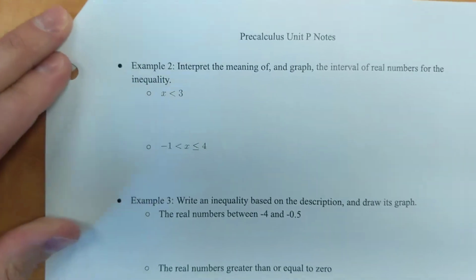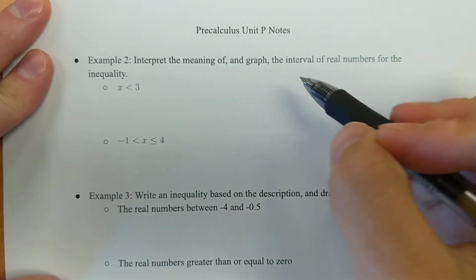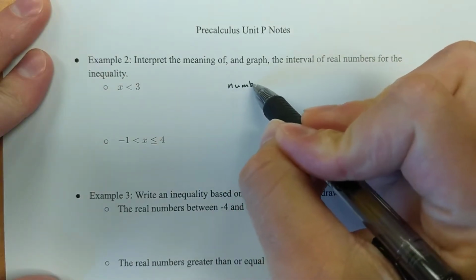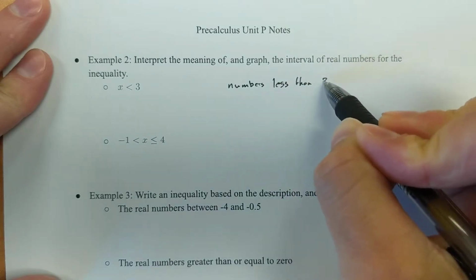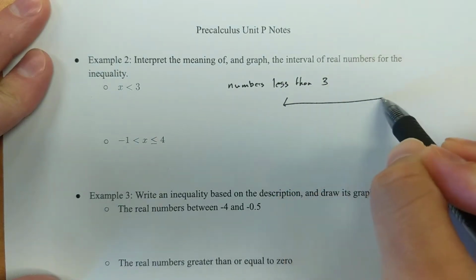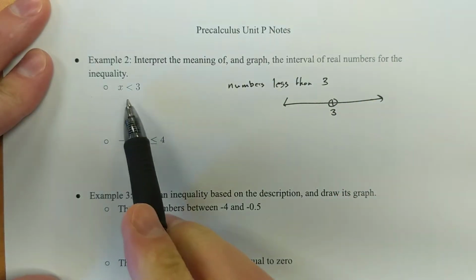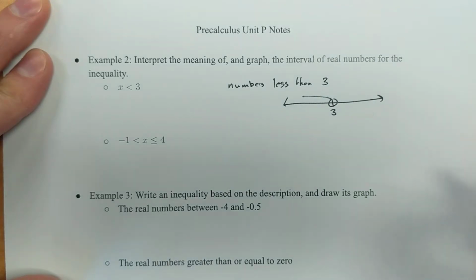All right, so example 2 here, interpret the meaning of and graph the interval of real numbers for the inequality. So this is numbers less than 3, and if you were to graph it, so there's 3, it's an open circle because it is a less than sign, no bar, and less than would be going that direction.